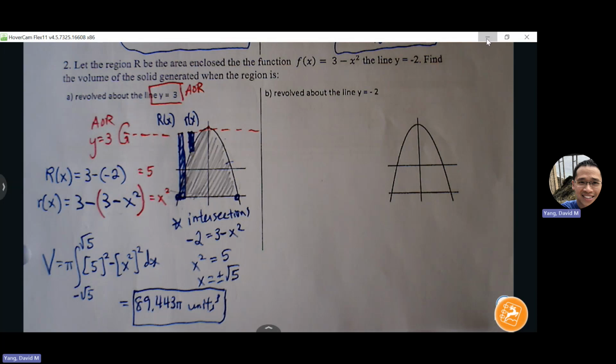Okay, what do we decide for part B, disk or washer method? Disk method, okay.